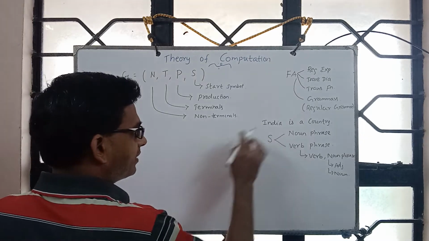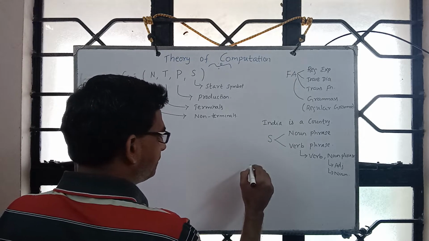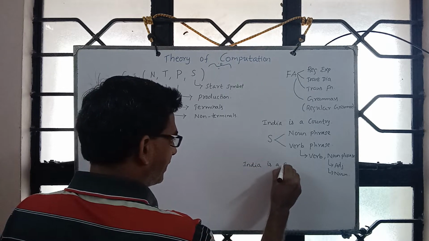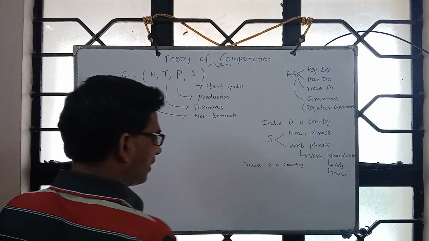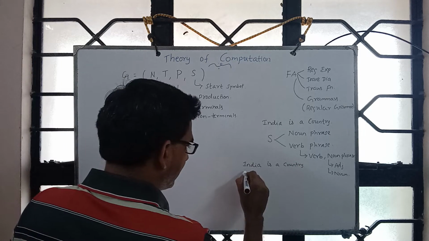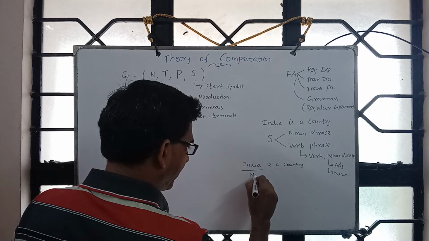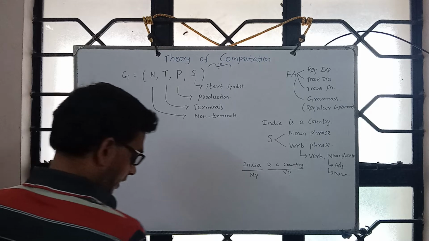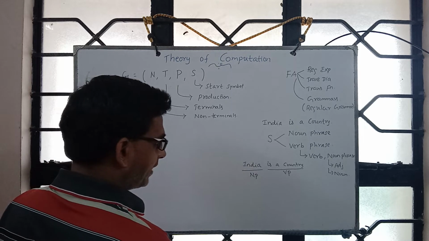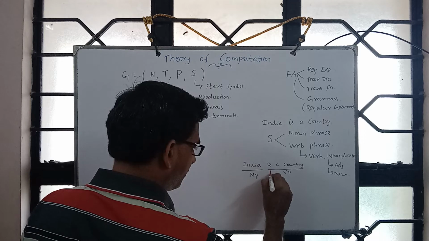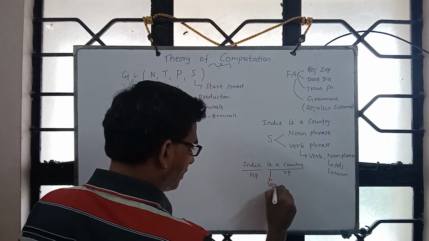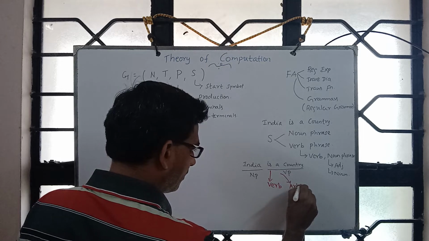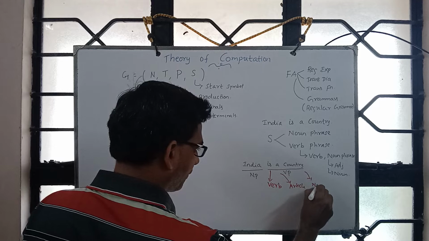For example, if you look at this statement, India is a country, this can be seen as noun phrase and verb phrase. And this verb phrase has got three components consisting of verb and an article followed by a noun.